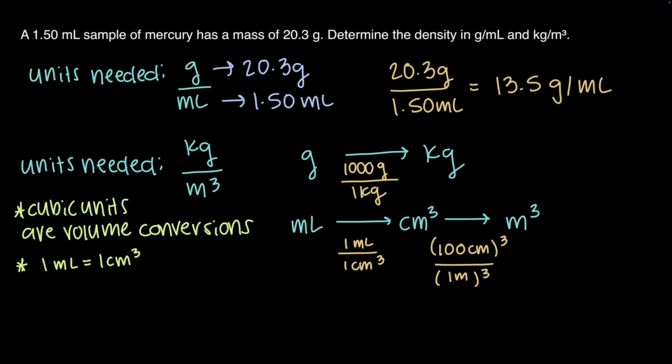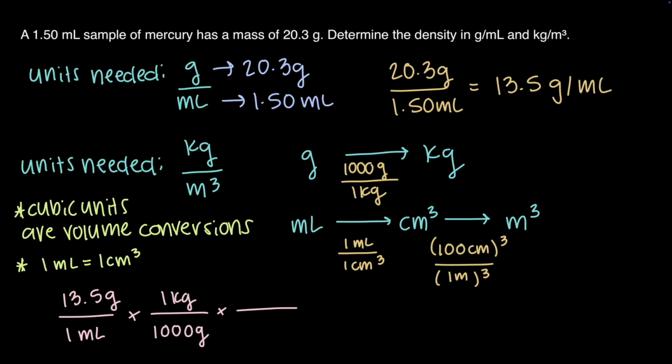Setting up all units to cancel, we start with 13.5 grams over 1 milliliter. We can start with grams or milliliters first, but I will start with grams to cancel out units. In the next fraction, 1,000 grams goes on the bottom and 1 kilogram on the top. In the next fraction, 1 cubic centimeter goes on the bottom and 1 milliliter on the top. In the next fraction, 1 cubic meter goes on the bottom and 100 centimeters cubed on the top.